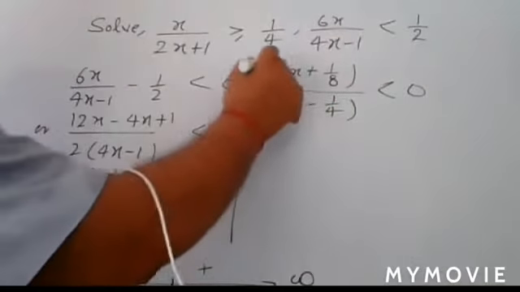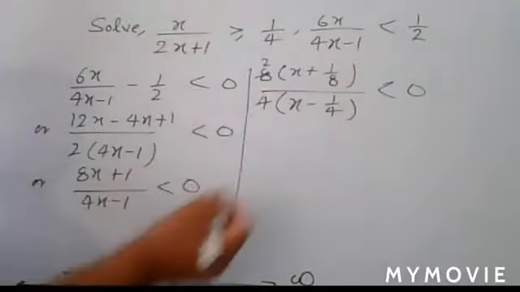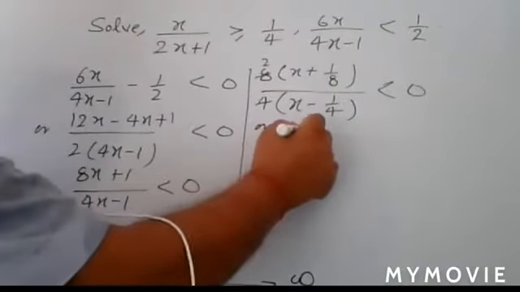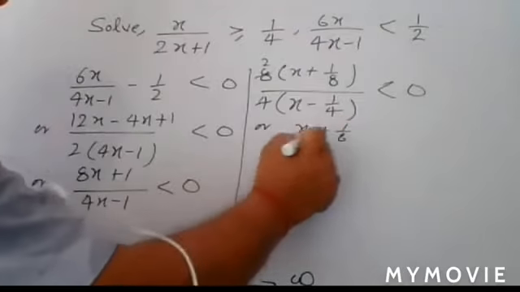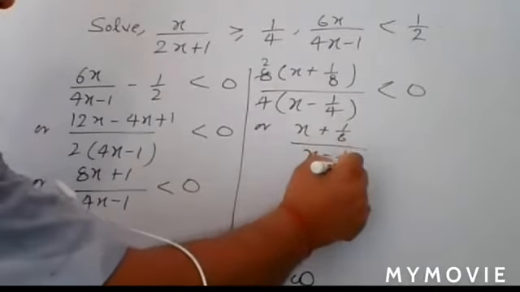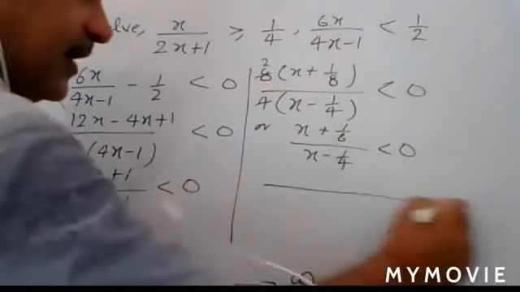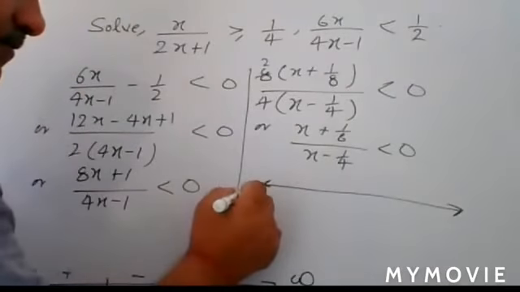So that cancels out, and 2 is also cancelled out. So overall you have x plus 1 upon 8 and x minus 1 upon 4 less than 0. Okay, now draw number line.